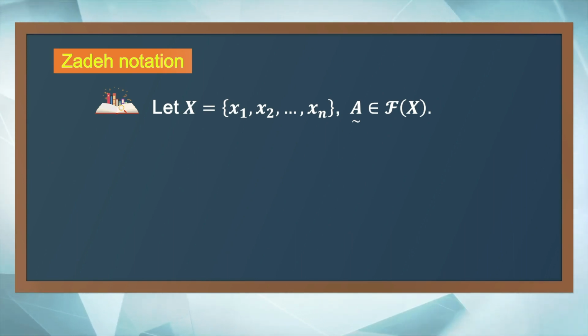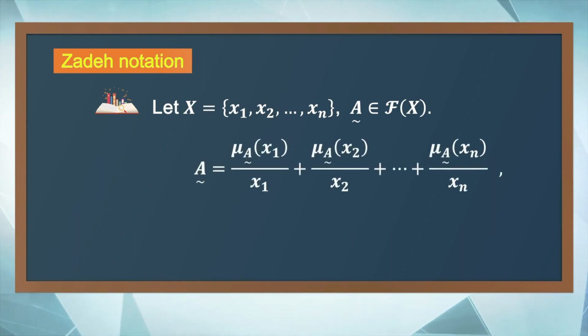Then we can write as follows. The fuzzy set A equals mu sub A of x1 over x1 plus mu sub A of x2 over x2 plus all the way up to mu sub A of xm over xm.